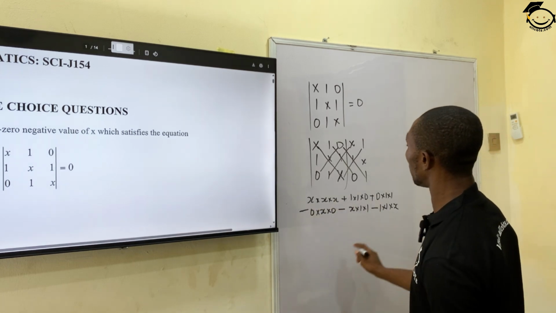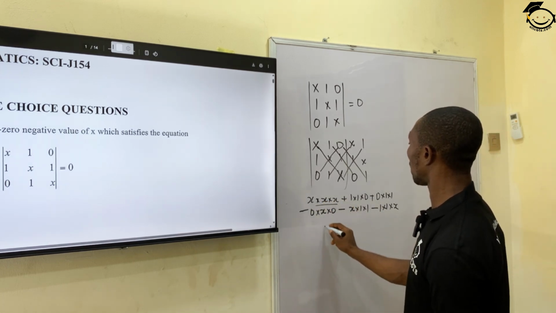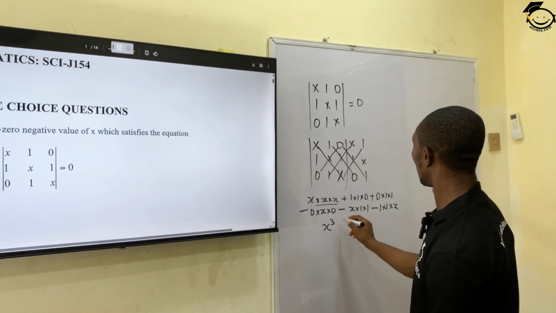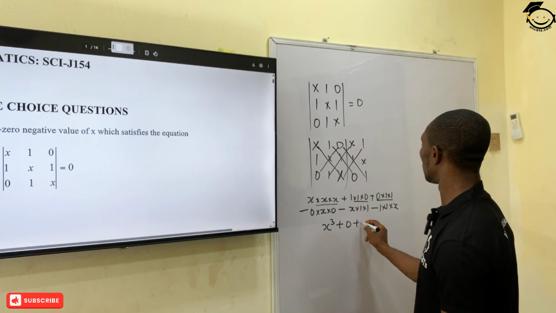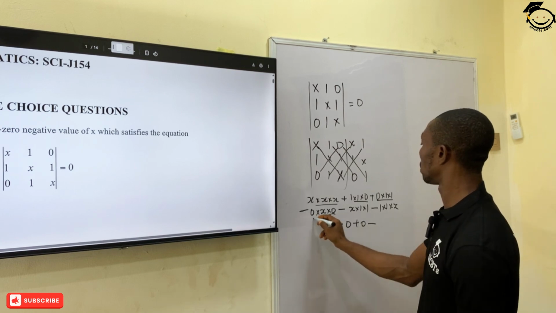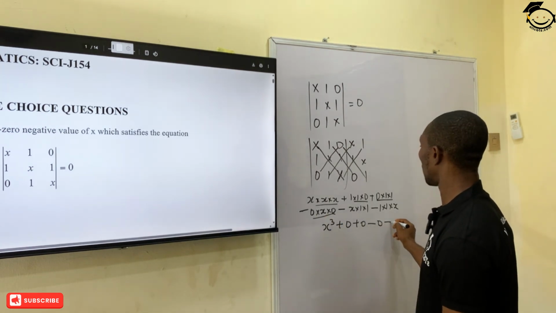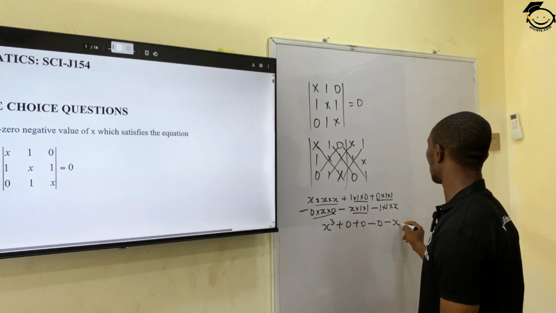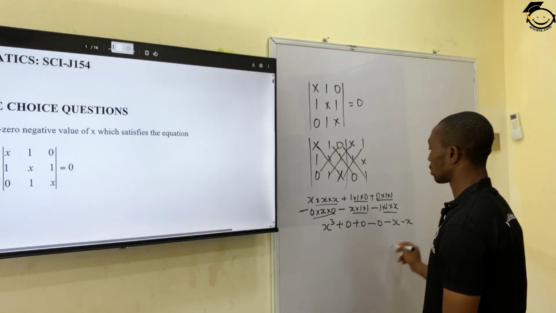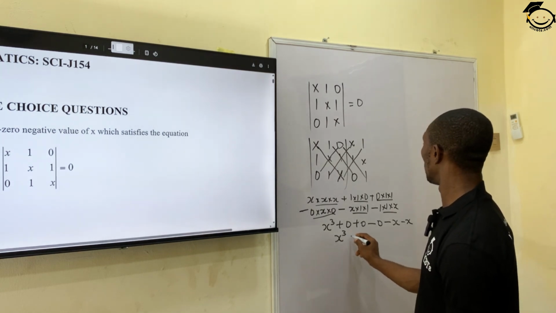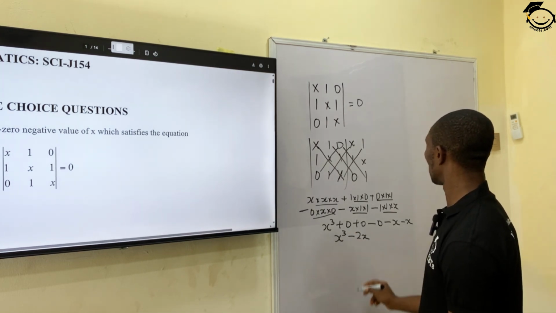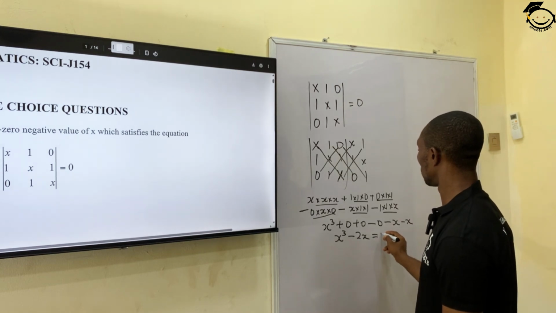Okay, opening up this, we are having this as x cubed plus 0 plus 0 minus 0 minus x and minus x. So this leaves us with x cubed minus 2x equals 0.